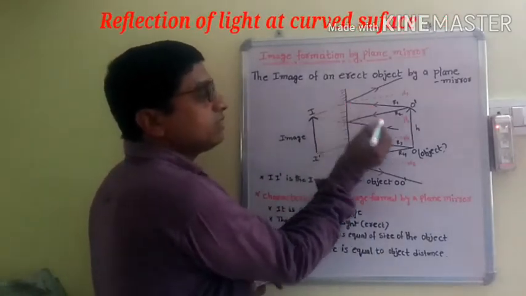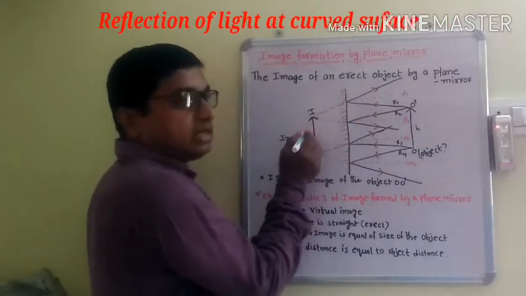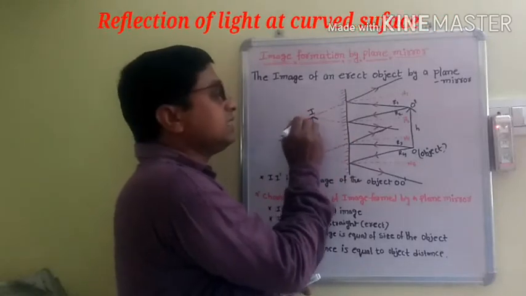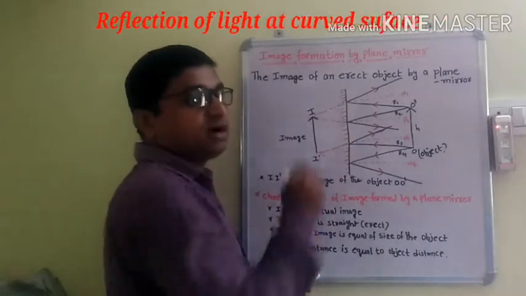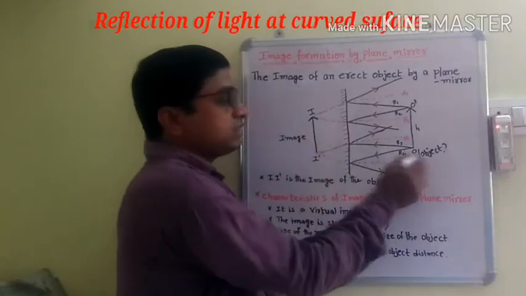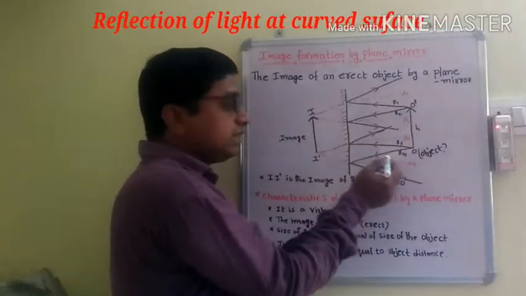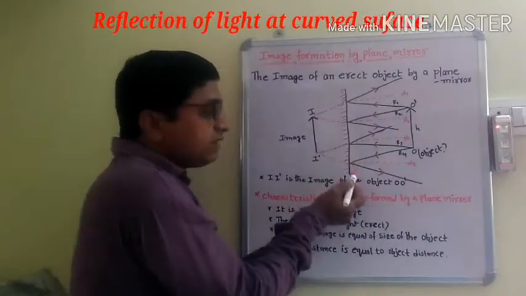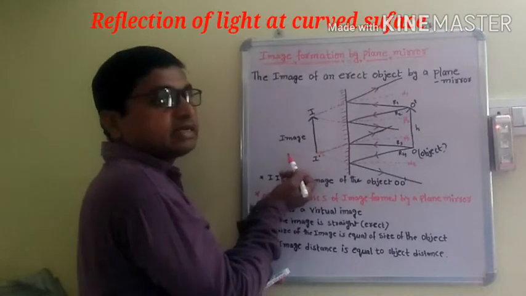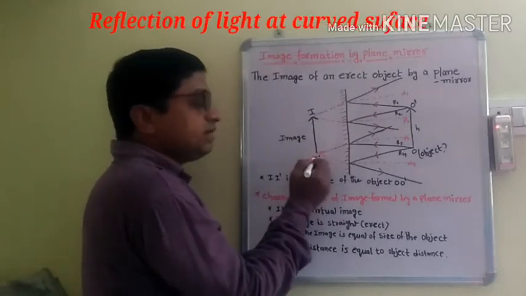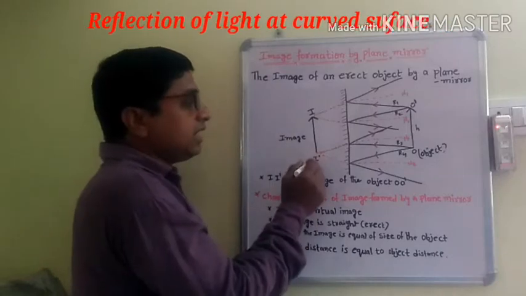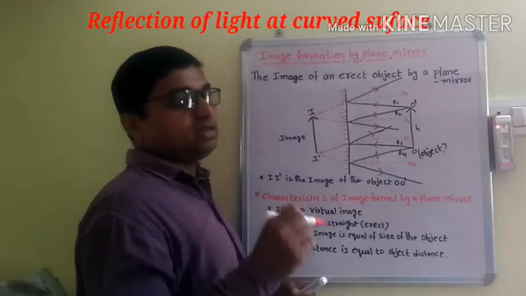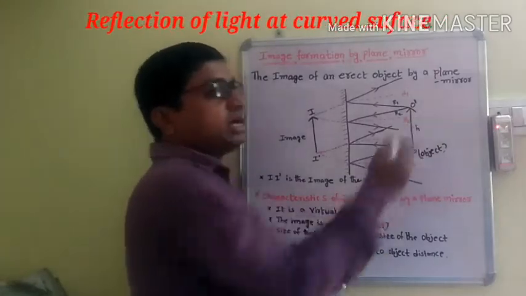Where the reflected rays intersect, that point is the image I of the object O dash. Also, the reflected rays R3 and R4 are extended, and where they intersect, that point is I dash. Here I and I dash are the image of the O dash object.